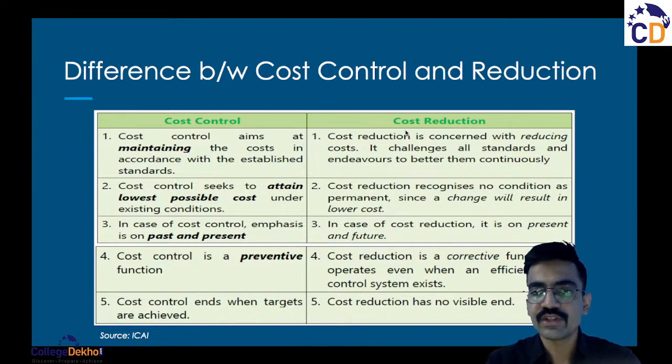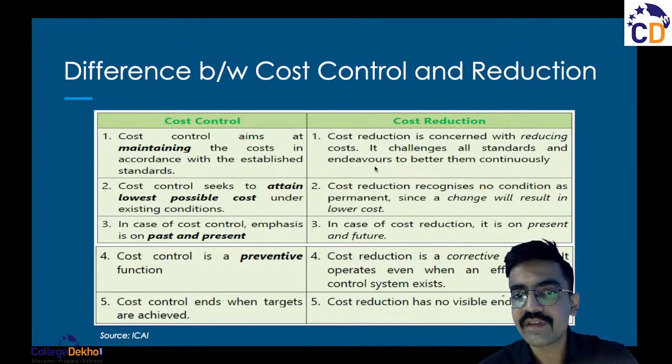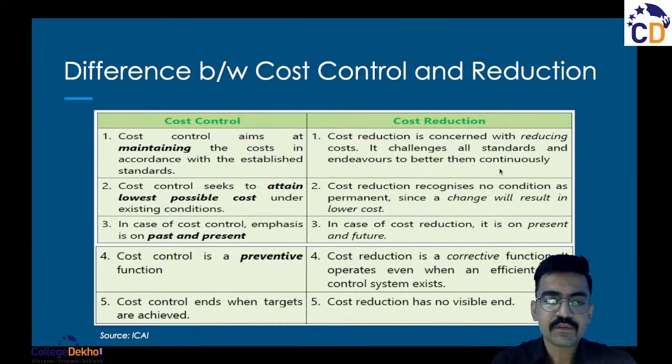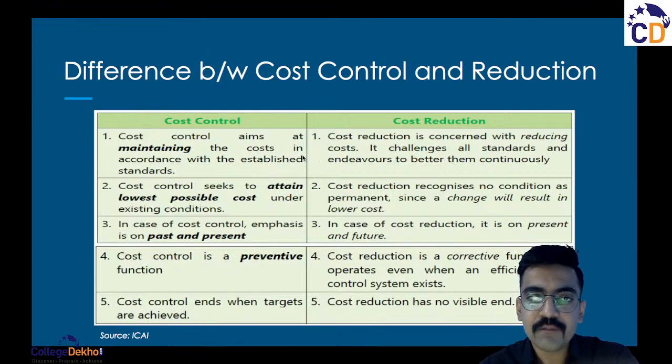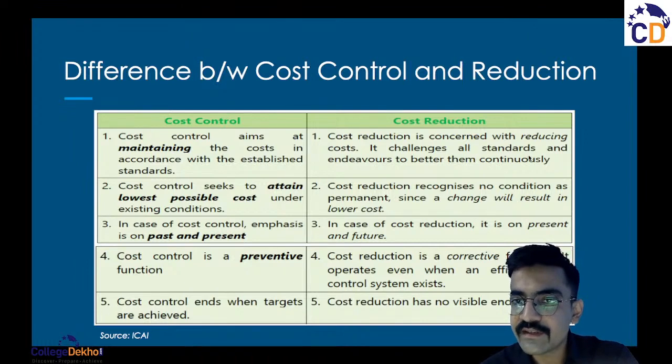Now, on the cost reduction side, cost reduction is concerned with reducing costs, and it challenges all standards and endeavors to better them continuously, right? Once a business has been able to maintain the costs and the standards that are already set by the management of the company, the next process is challenging the standards that are set.